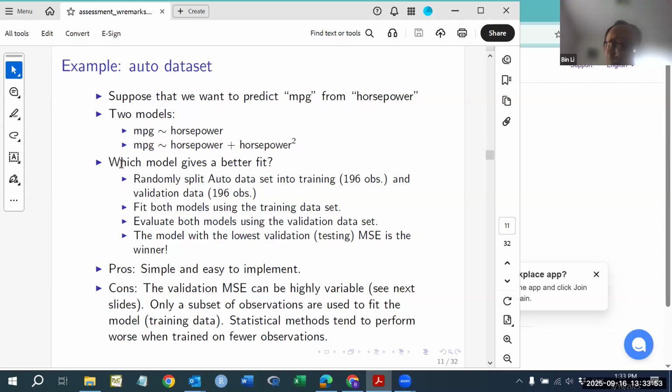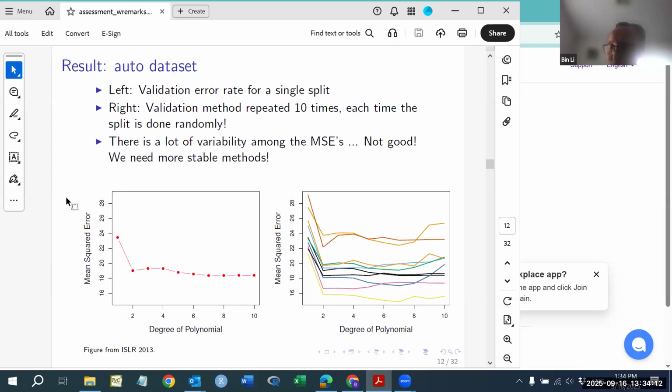This is not a good split, but just as an illustration. The good thing about the validation approach is that it is very simple, straightforward, and easy to implement. But let's see the results.